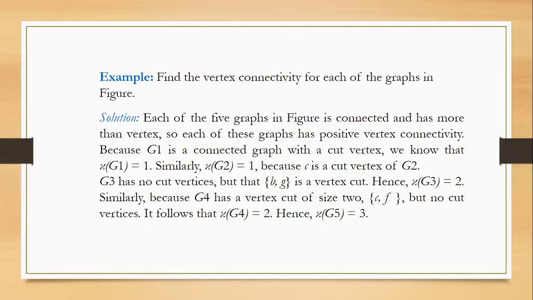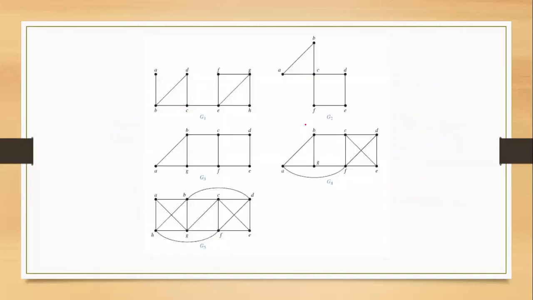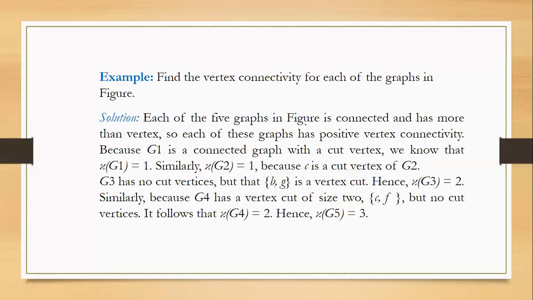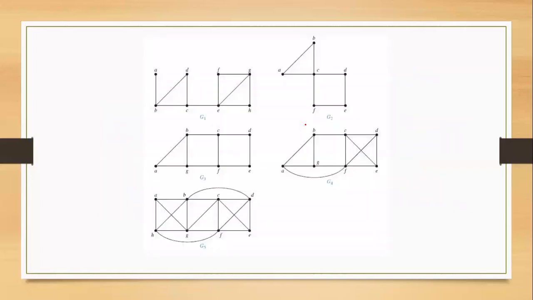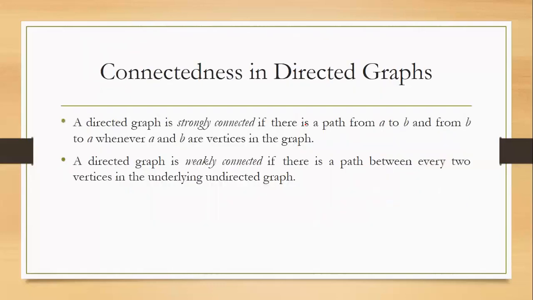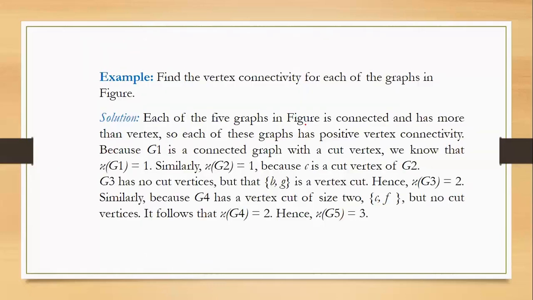Each of the 5 graphs in the given figure is connected and has more than one vertex. So each of these graphs has a positive vertex connectivity. For G1, our vertex connectivity is 1. For G2 also, even if I remove one vertex, it will be disconnected. So vertex connectivity is 1.